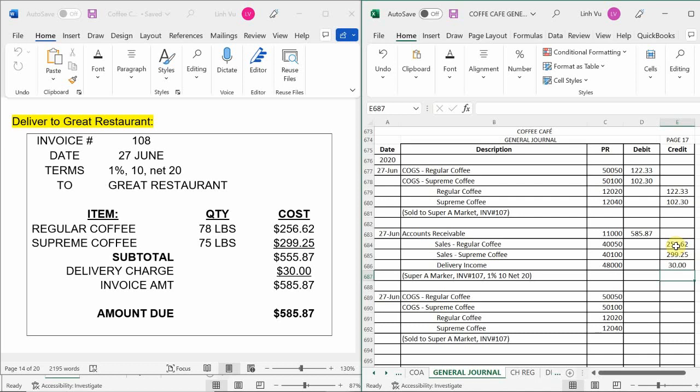So 585.87. Yes. And now we can go to the general ledgers. Oh, great, that's true, yes. It's invoice 108. And it's 1%, 10, net 20.